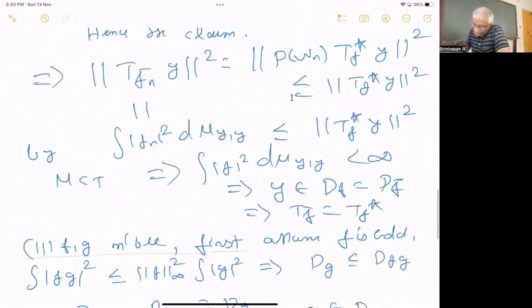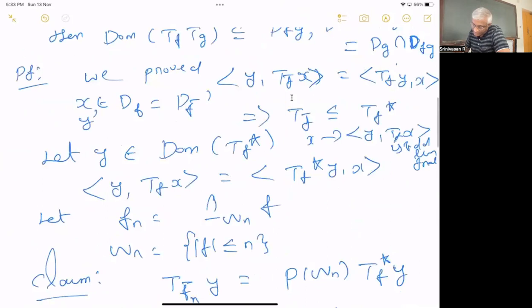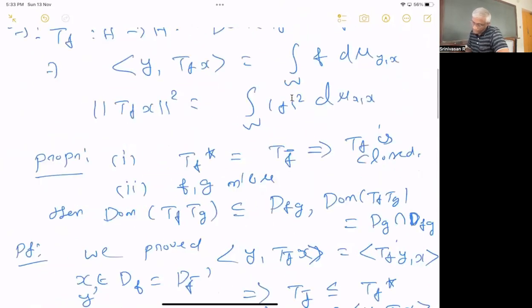One second. I'm sorry, I forgot to, please change the statement. This is not the statement. The statement is TFTG is contained in TFG. I'm sorry about this. The domain is there. This says something more: the domain is contained and the restriction holds.